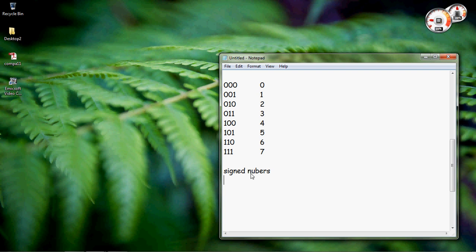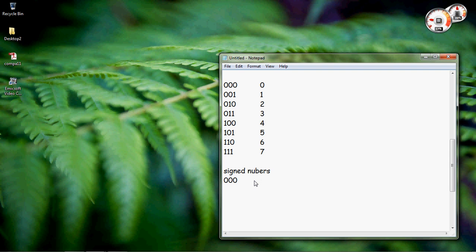In signed numbers, if the first digit of the number, the starting digit from the left side, is 0, then that number should be considered positive. Means this 0 0 0. So we have to just look at this number, and from that we give the sign.